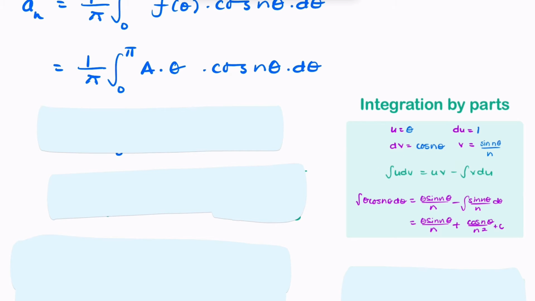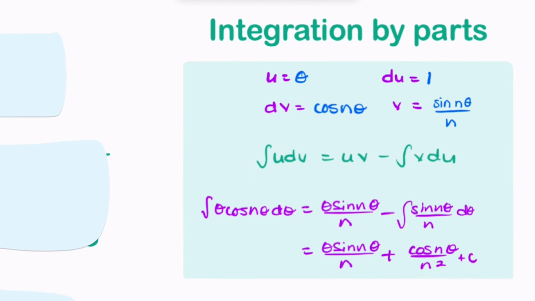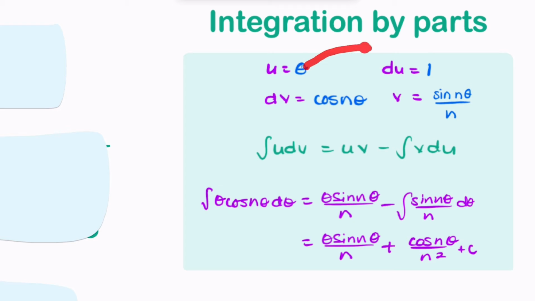So remember the formula for integration by parts? We're going to need to specify u and dv. So I've taken theta as my u and cosine n theta as my dv. And then you differentiate theta to get 1, and you integrate your cosine to get sine, but then you need to divide by the coefficient of theta, so I divided by n.